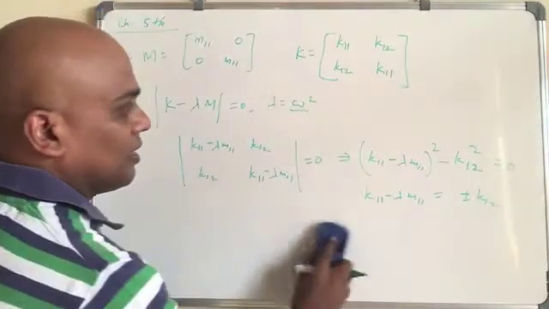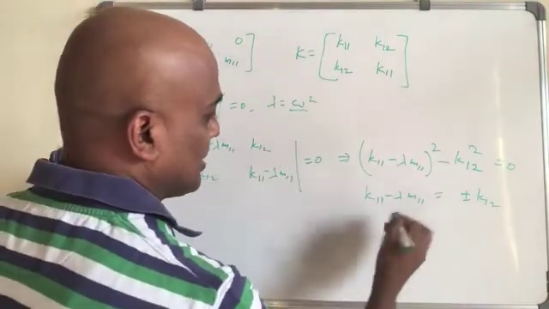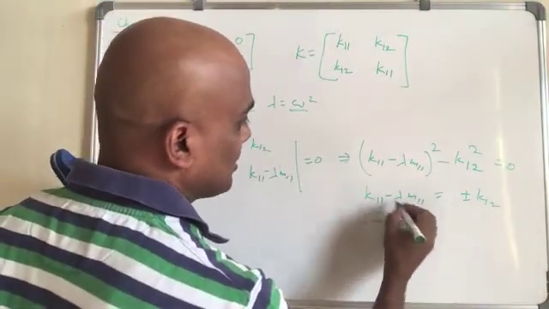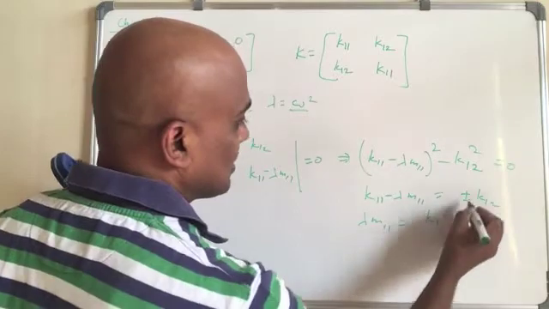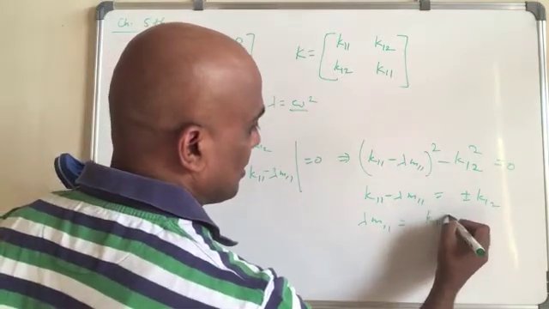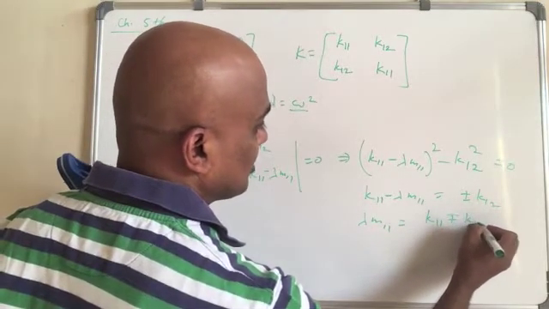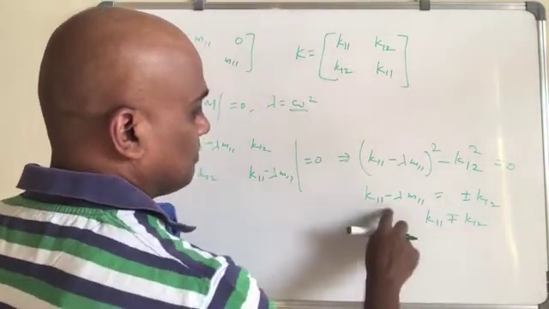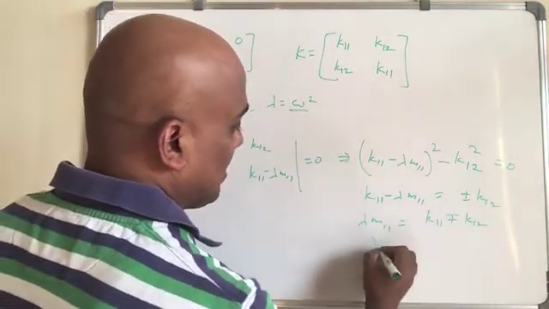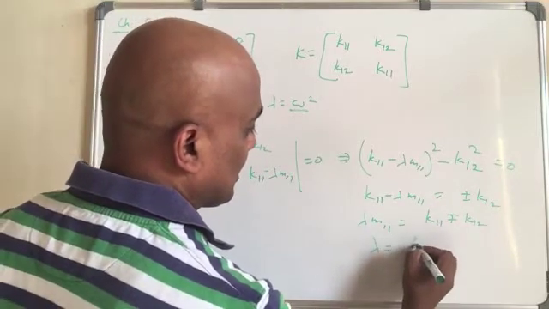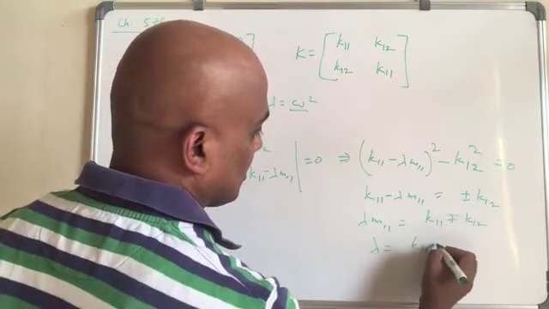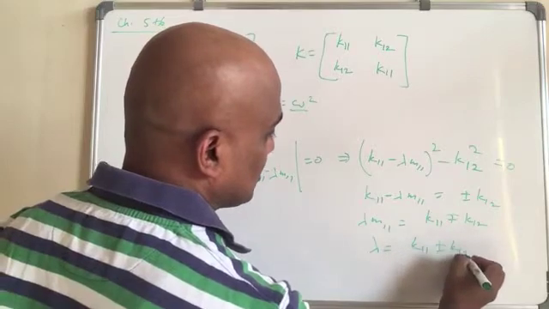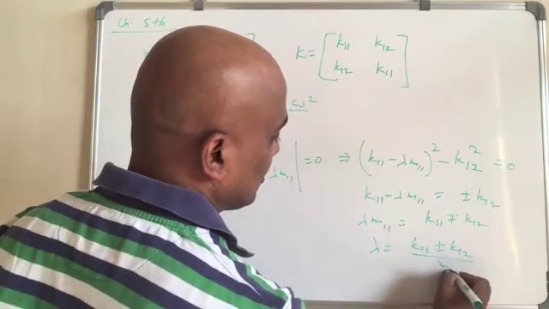And hence from here we get lambda M11 equal to K11 plus or minus K12, right? That's what you get. And lambda equals K11 plus or minus K12 divided by M11.